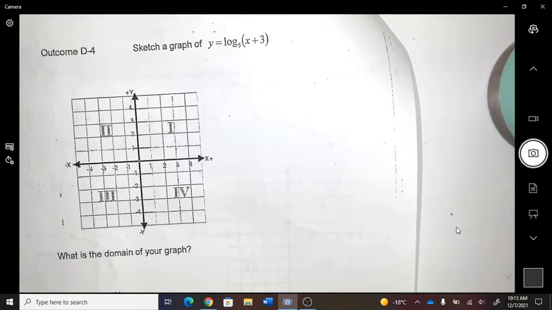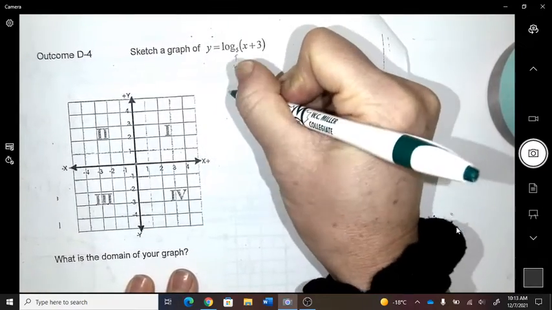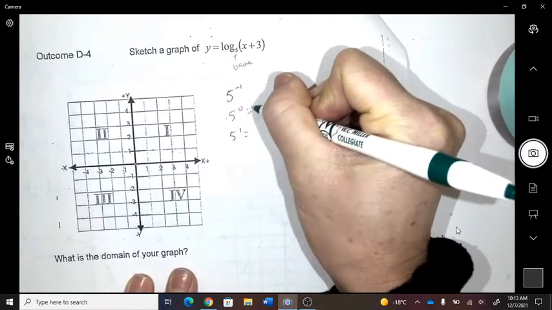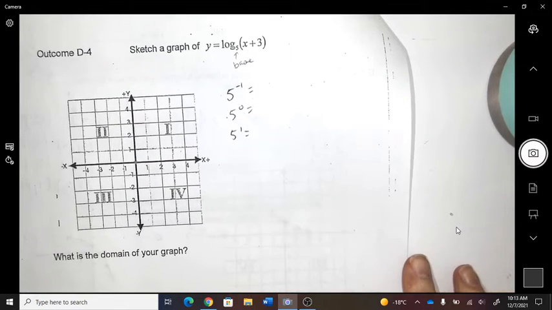Okay, so this is a log graph. So I'm going to grab the base again. The base is 5. And I'm going to do the same process here. 5 to the, and I pick -1, 0, and 1.